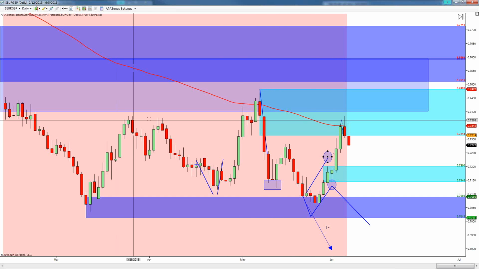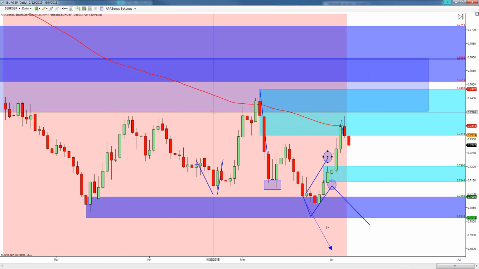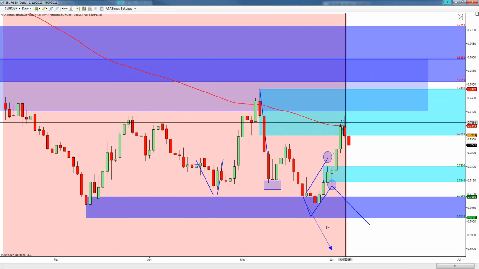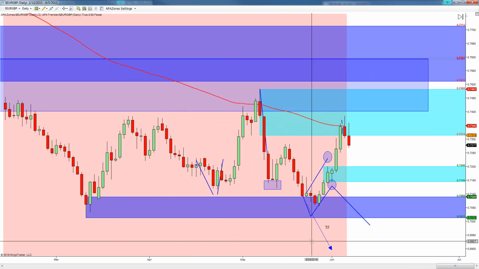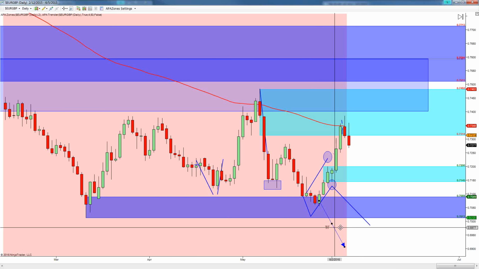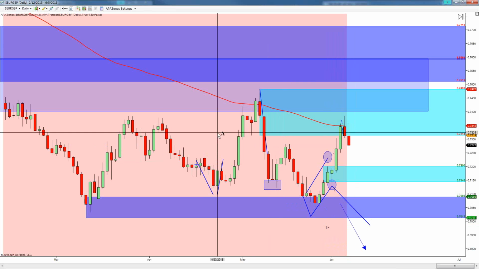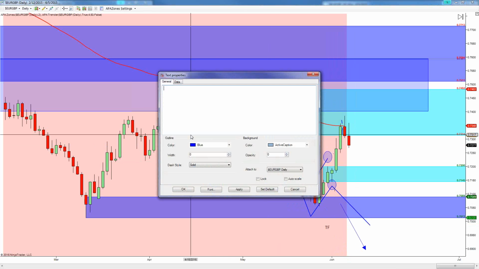Like the levels are really kind of bouncing off that weekly. So I want to treat this as a range overall. So right now I'm just going to label that as a rangy market this week.